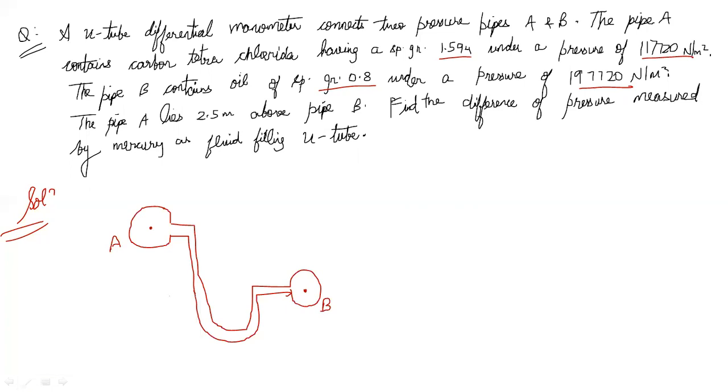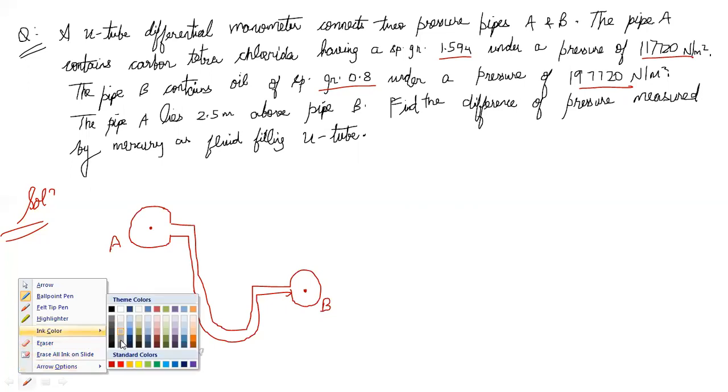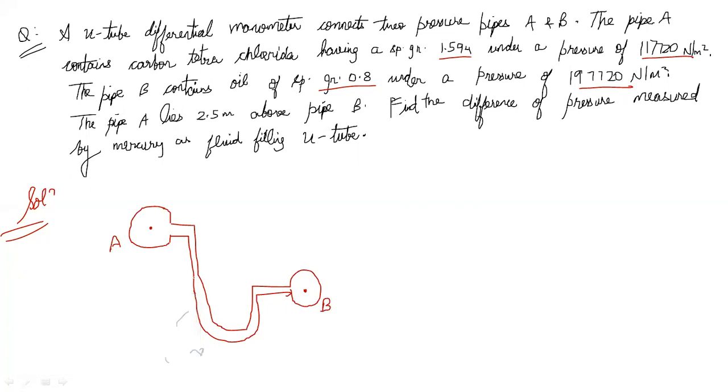So I've been given that the height difference is 2.5 in this case. So I'll just fill in the mercury. Okay, I'll take a darker color for everyone to understand. Like this, I have mercury filled into this U-tube manometer, and in pipe A, I have a different fluid.